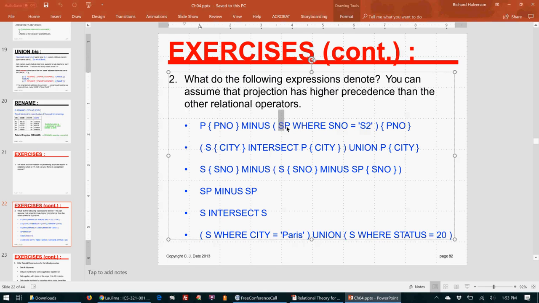Oh, yes, there will be, because it's SP. There's a PNO in SP. So we're taking all the SPs where SNO is equal to 2, and we're just taking the PNOs and subtracting those out of the full set of PNOs. So what we have here is the part numbers that the second supplier is not shipping.